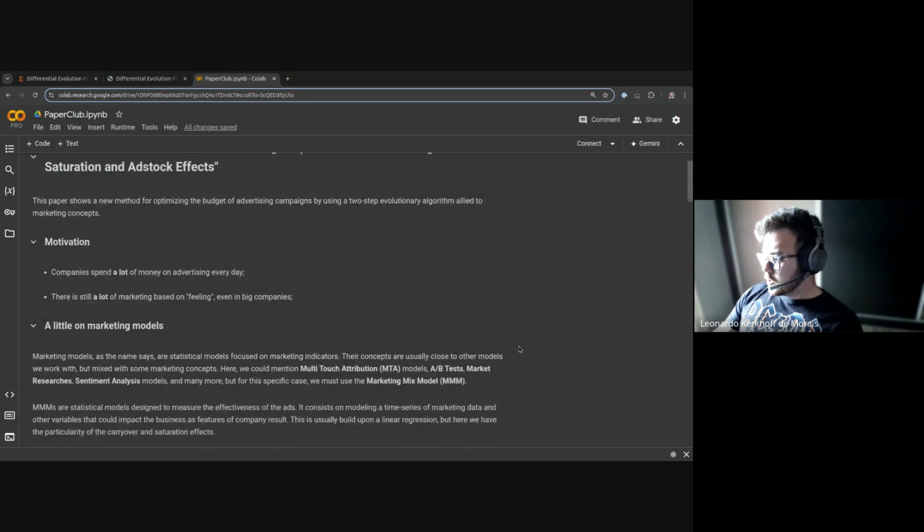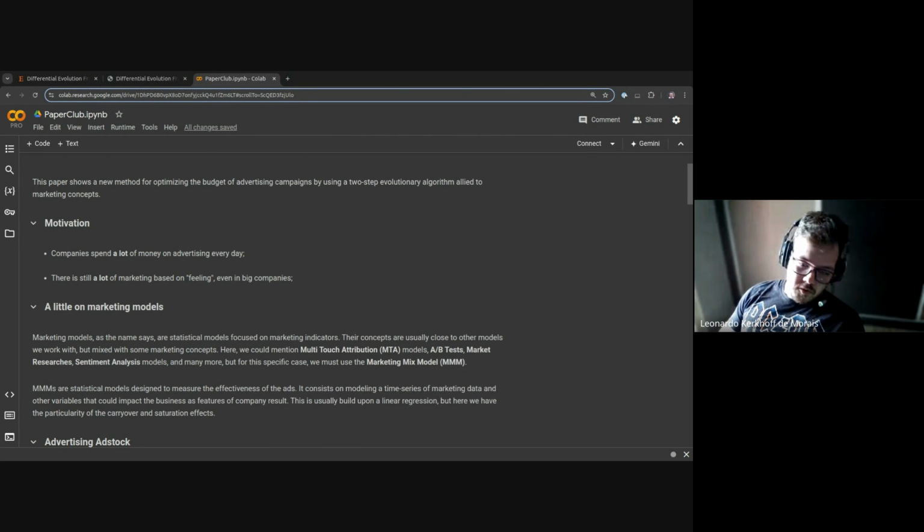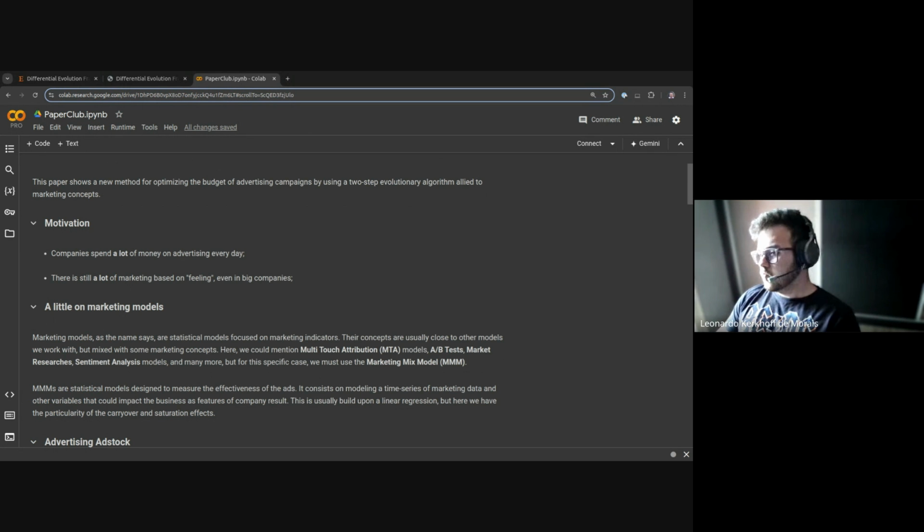So when we talk about marketing models, we are talking about statistical models focused on telling us how our marketing campaigns are doing. If we are reaching our customers, if we are spending our money smartly. So we could be talking about attribution models, A/B tests, market research, sentiment analysis models, which are very tied to LLMs.